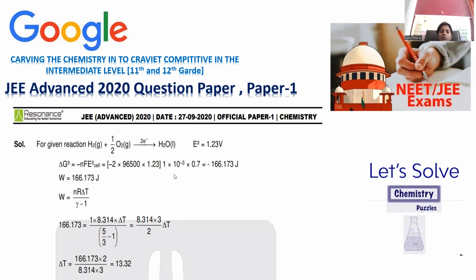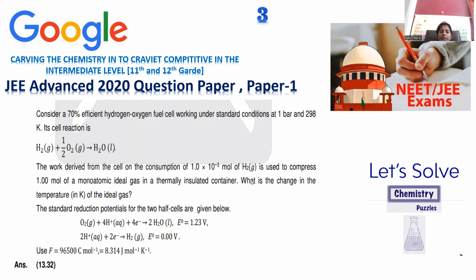Okay. So 0.7 will be taken, is equal to. When you multiply all these, the E naught value is given as 1.23 volts. That 1.23 volts we substituted, the Faraday value we substituted, and this is the number of moles of gas we are taking.